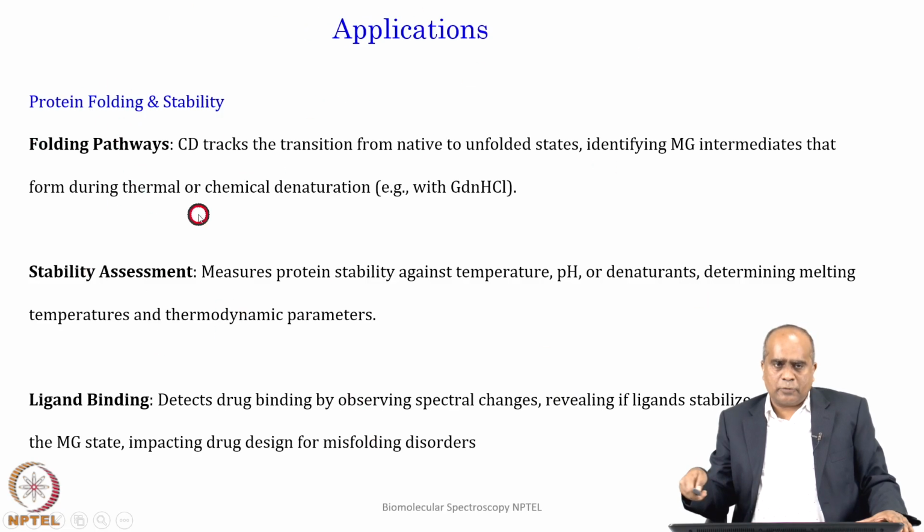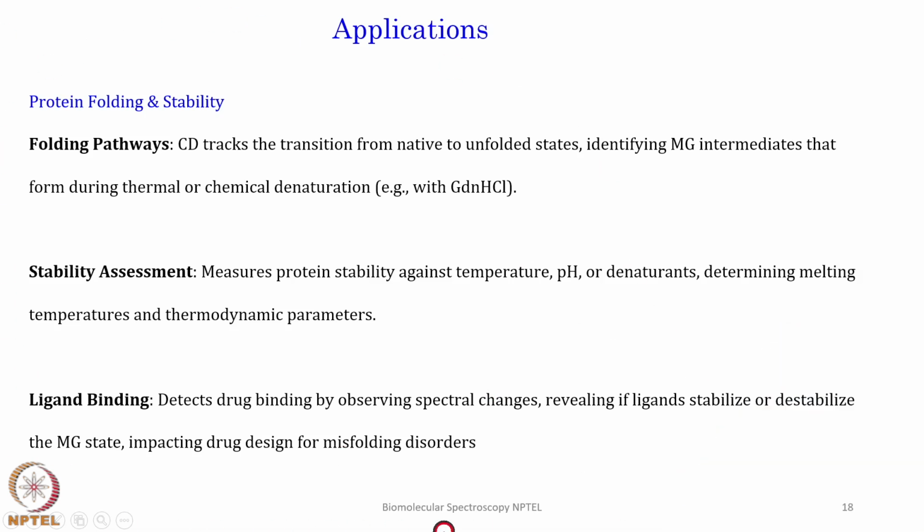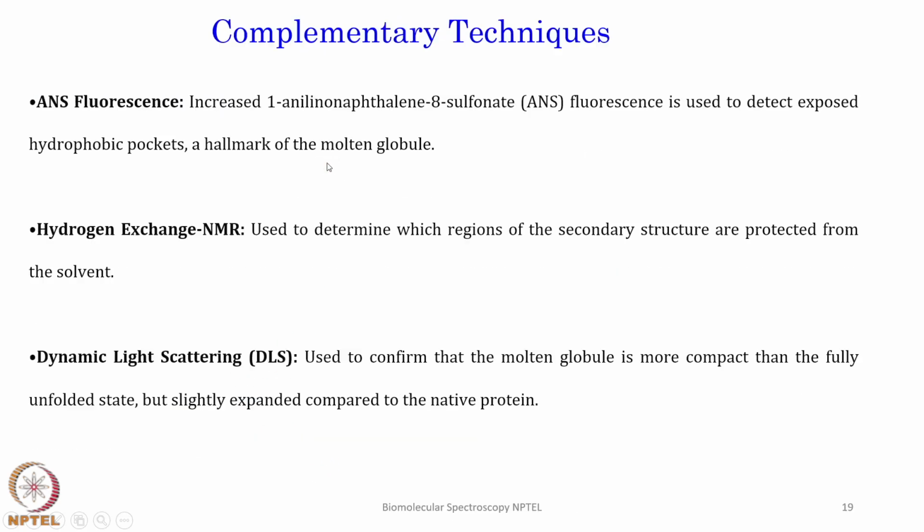You can track the stability, measuring protein stability with temperature and pH denaturation, and one can study ligand binding. It can detect drug binding, what kind of spectral change it brings, whether the ligand stabilizes or destabilizes the molten globule state, and impact drug design and the folding pathway.